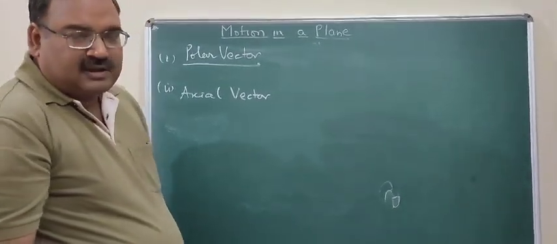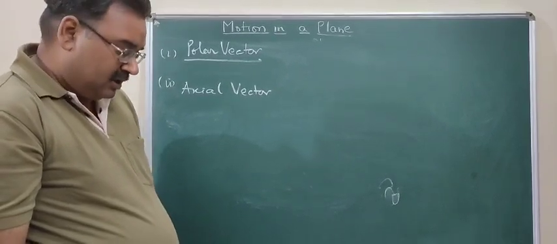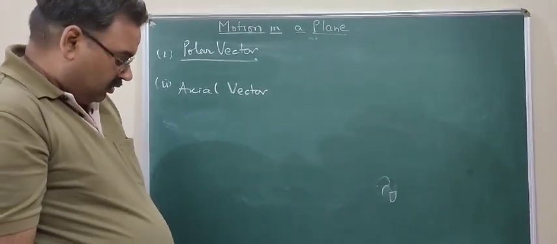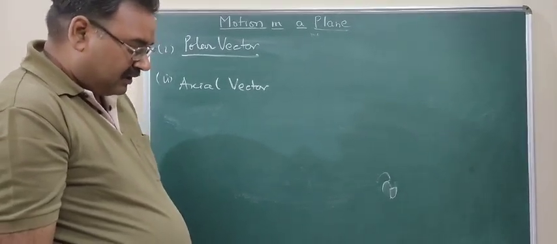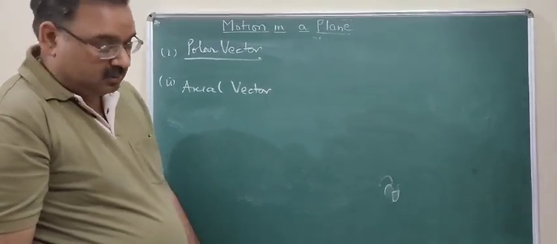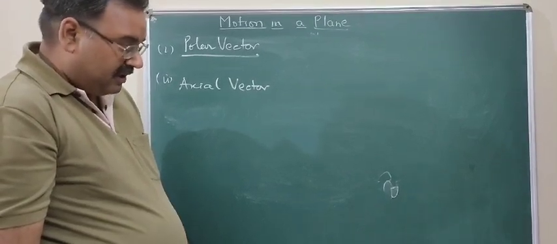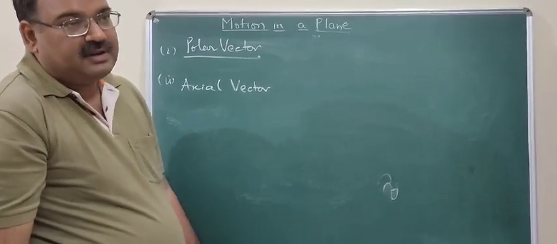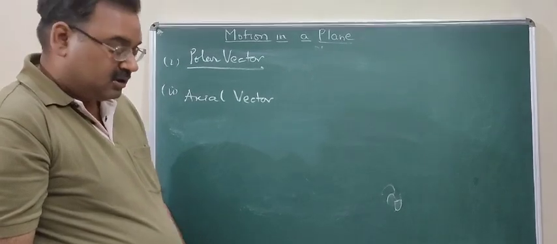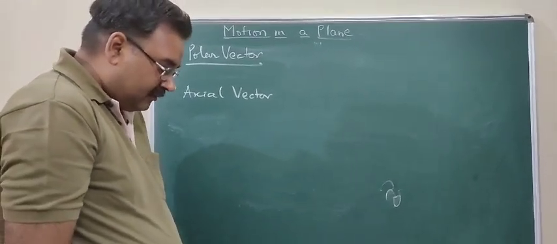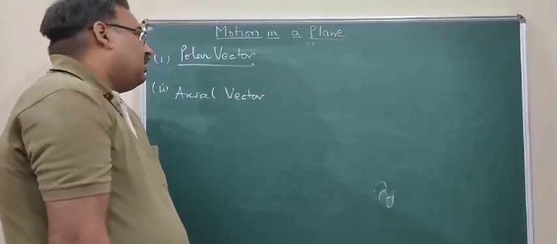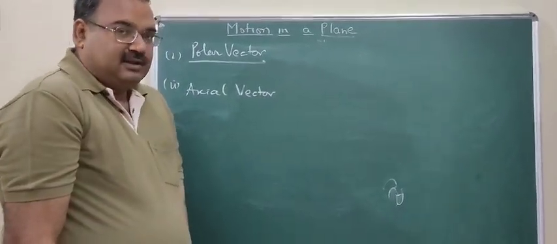So all those vector quantities that have got a starting point are called polar vectors. Example, displacement. Displacement has got a starting point from which the body started to move. Velocity, radius, force, these are all examples of polar vectors.